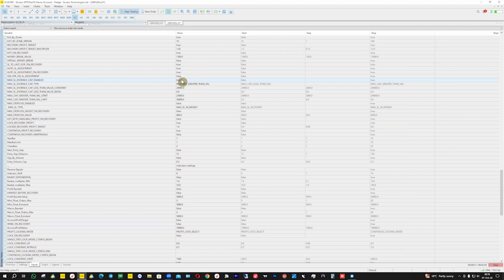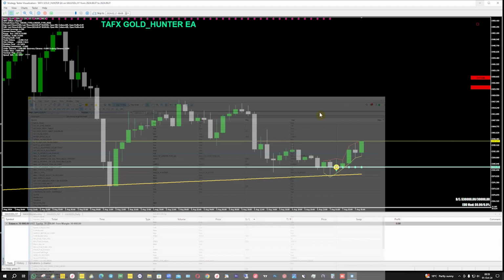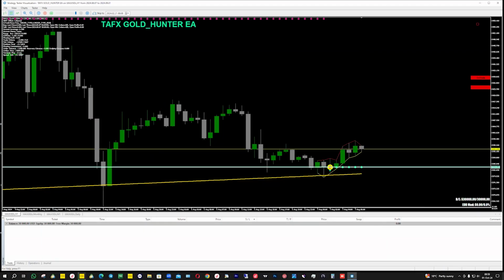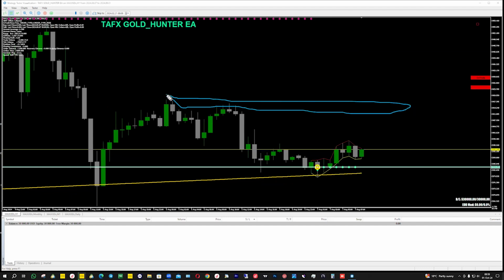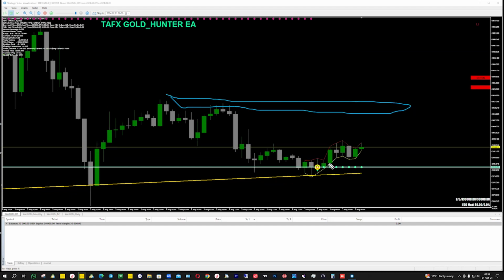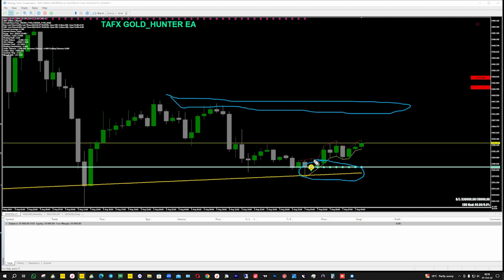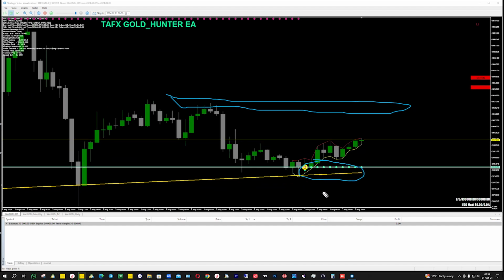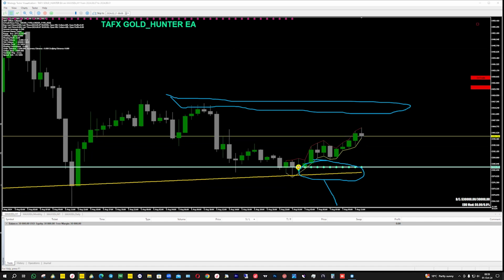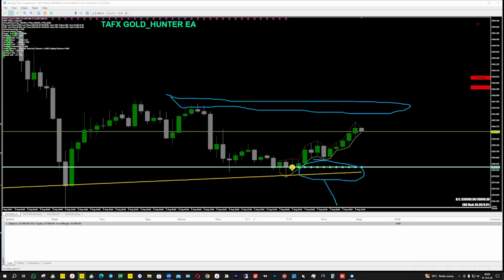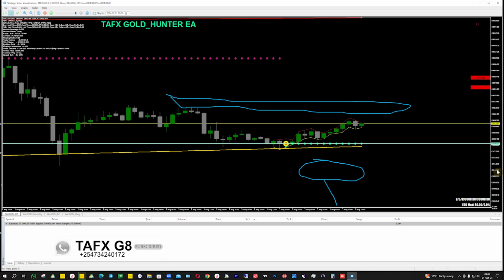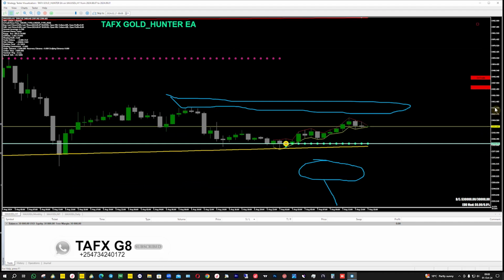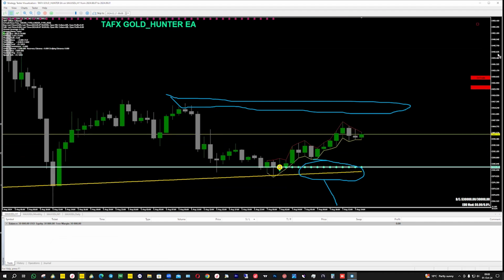If we set it to true, this tells the EA it must wait for the market to break this internal structure. But when we set it to false, we are telling the EA to take the trades here on the engineer, or when the market drops to our extreme area, to pick the trades at this area. So it is very simple as that, guys.